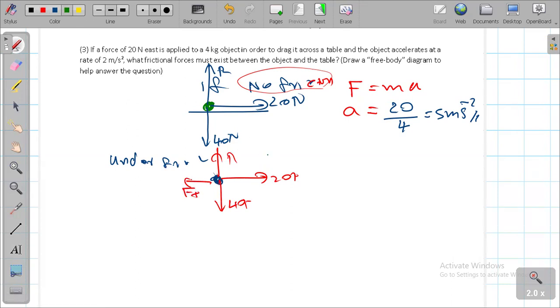What is the acceleration? A is only 2 ms^-2. Now I know what the resultant is. You know how to get the resultant force? BTS method.